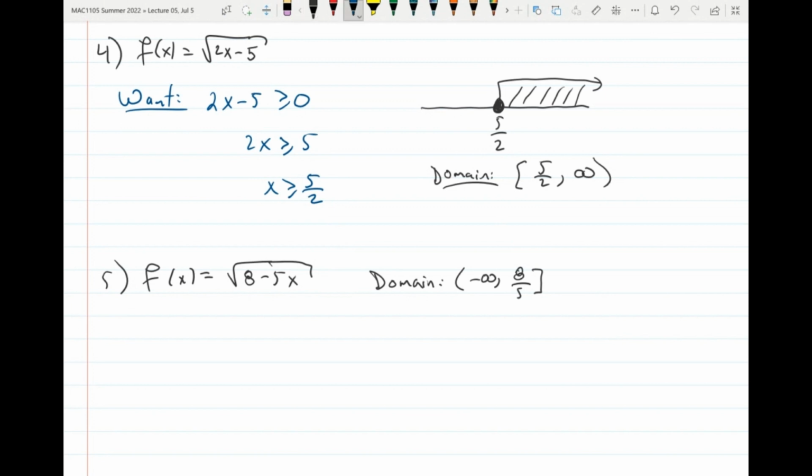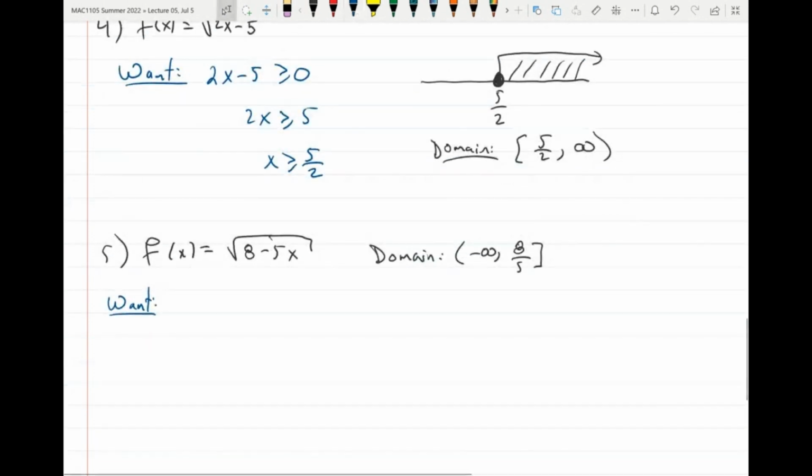Anyways, let's do it. Because this is a square root, let me make sure that I write down what I want. So what do we want here? We want this guy, a minus 5x, to be greater than or equal to 0, right? Otherwise, we are in trouble. Now we solve this. You get negative 5x greater than or equal to negative 8.